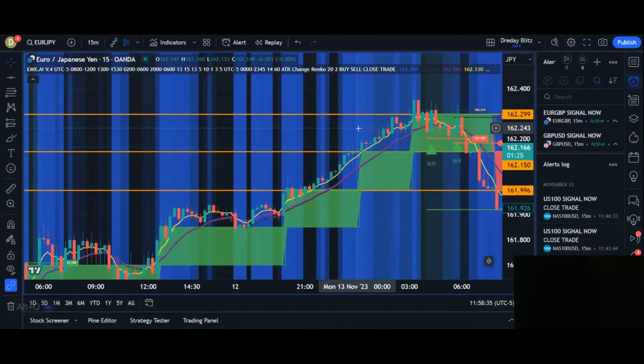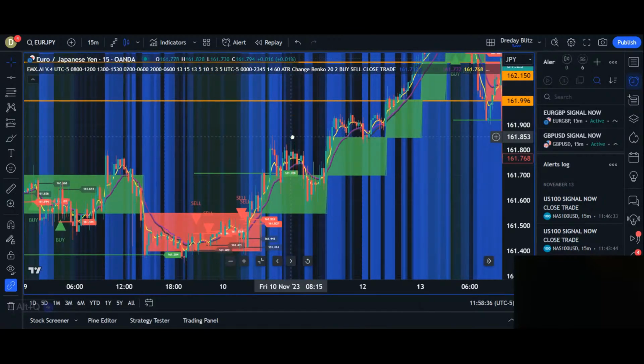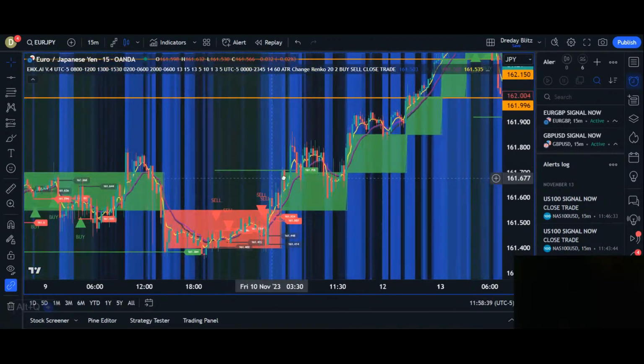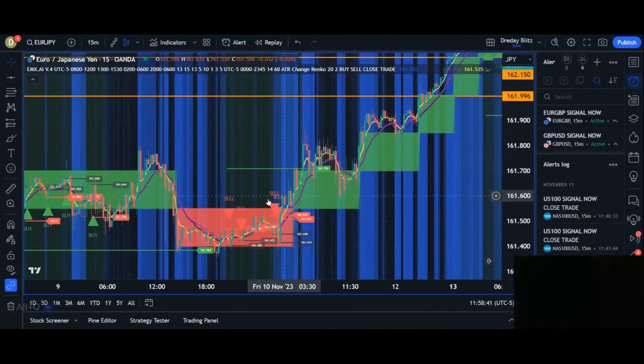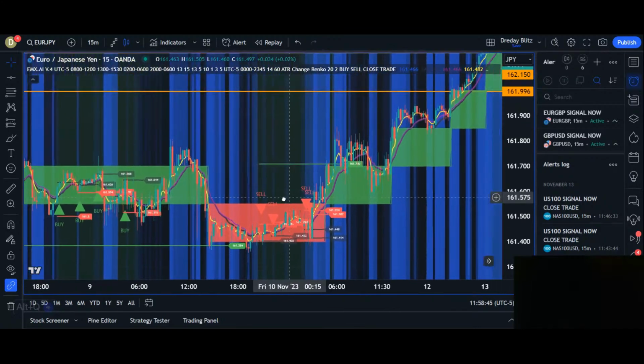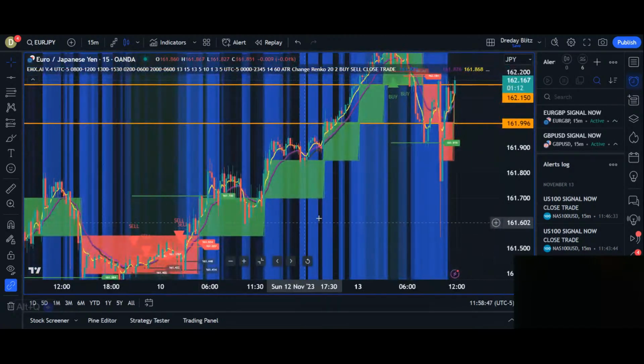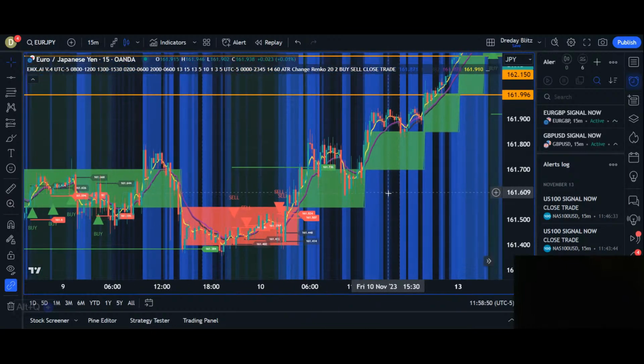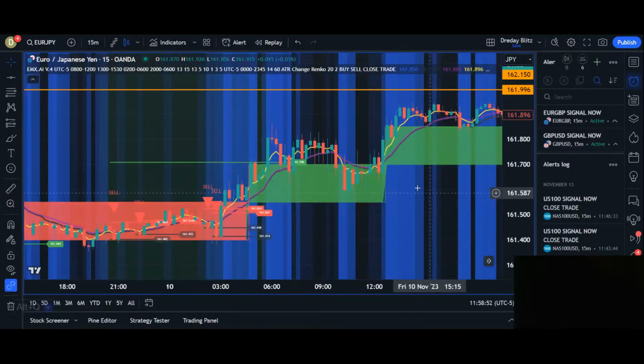There you go. You could put a full range from 8 p.m. until 6 in the morning. It depends on your own settings here.